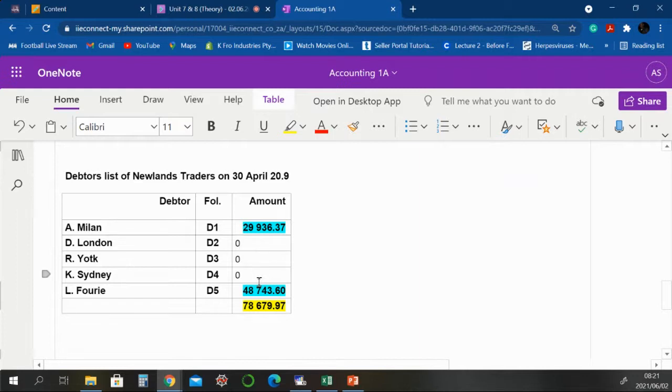This 78,000 needs to equal what amount for us to know that we have recorded our debtors correctly and everything is balancing? Which account needs to have that same balance? Somebody take a guess.